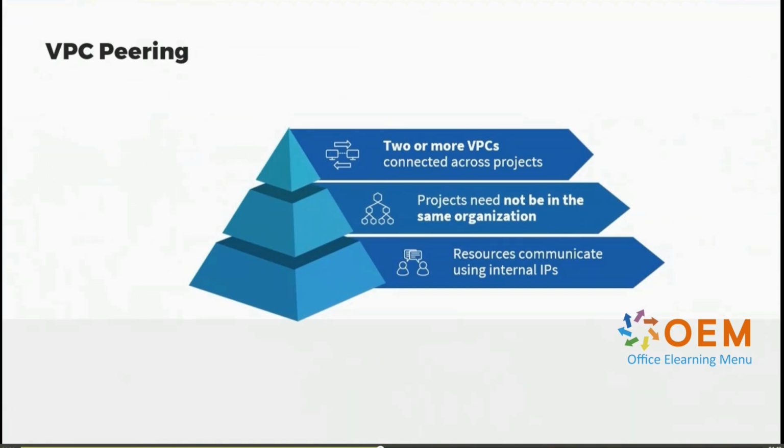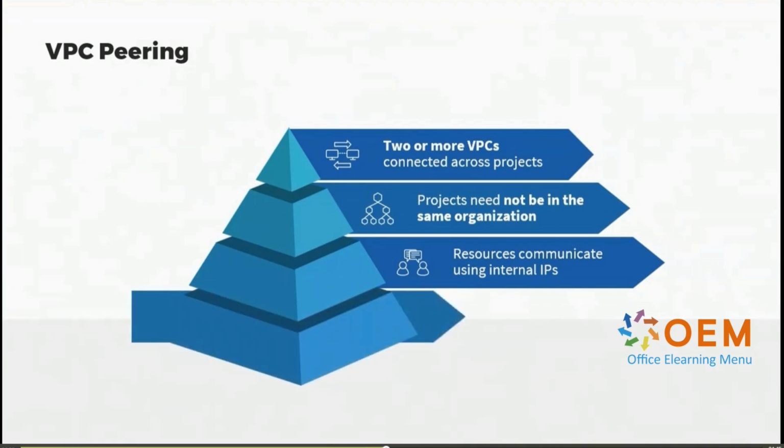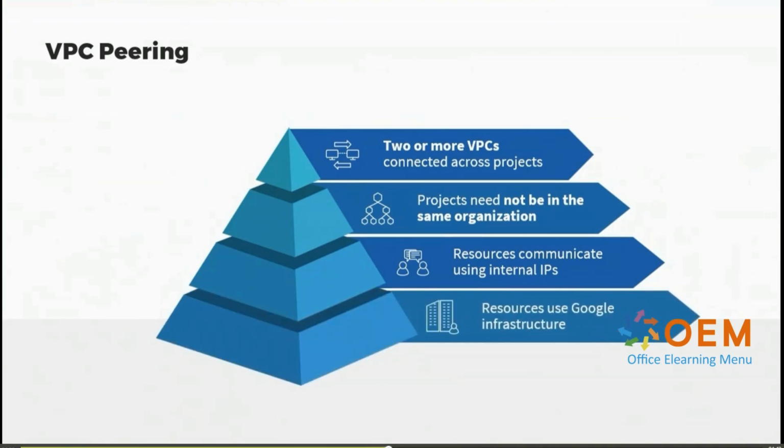This increases security and reduces latency. It's also important to note that the resources on the network will use Google's infrastructure to communicate. So again, we are avoiding having to send traffic over the public internet while communicating between two Google networks which happen to be in different projects, even if those projects belong to different Google Cloud organizations.